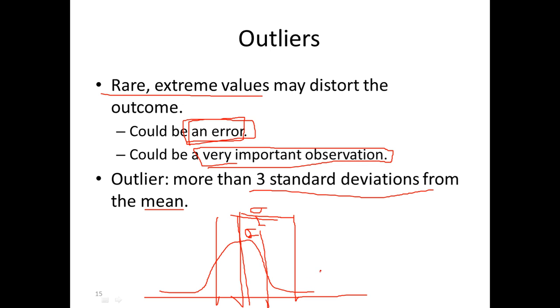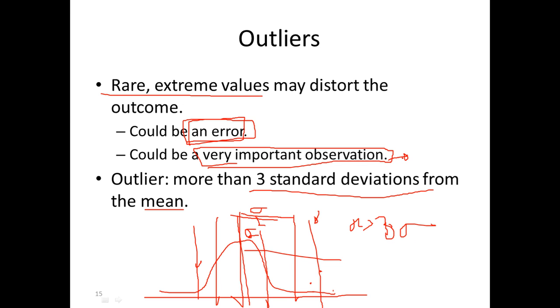So the points out here or here, beyond the third sigma, we call outliers. You can calculate the z value, and if x is greater than 3 sigma, you can call it an outlier, or it can be a very important observation.